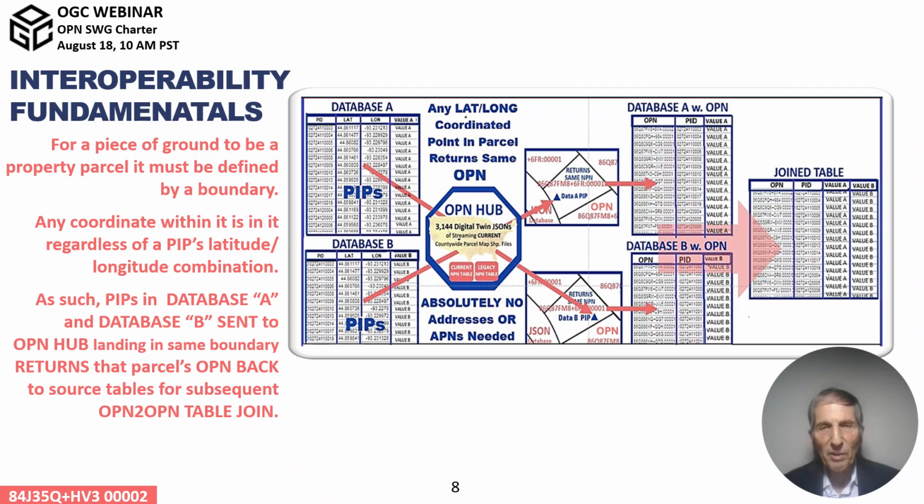Any coordinate within it is in it, regardless of that point in parcel's latitude or longitude combination. As such, PIPs in database A and database B sent to the OPN repository landing in the same boundary returns that parcel's OPN back to the source tables for subsequent OPN to OPN join.